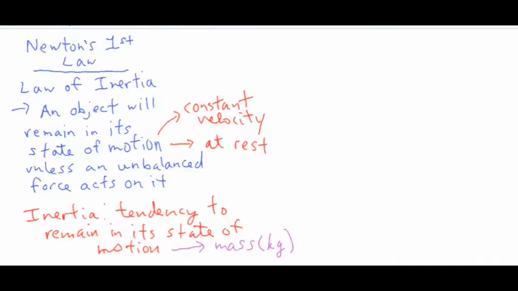So let's take a look at a couple of examples of Newton's first law to make sure we know how to apply this concept to some different scenarios. Now, say for example, you are moving in a car and the car is traveling forward at 30 miles per hour.